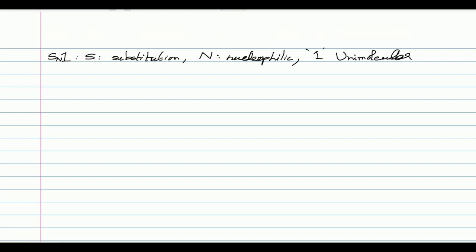The first step of the reaction, let me write the tertiary halide, which is 2-bromo-2-methylpropane. The first step is that the carbon-halogen bond breaks.